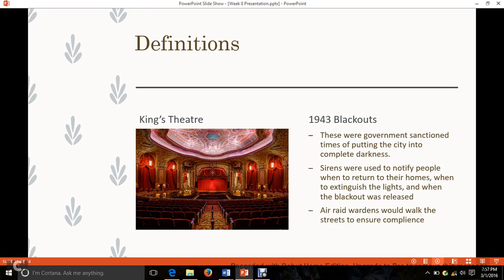So this is a picture of the restored version, and it went into disrepair for several decades after the 1930s. They became a movie theater, and then it just was neglected a lot. So they've restored it, and it's become an actual live theater again. But it's just opulent. All the details, really interesting.